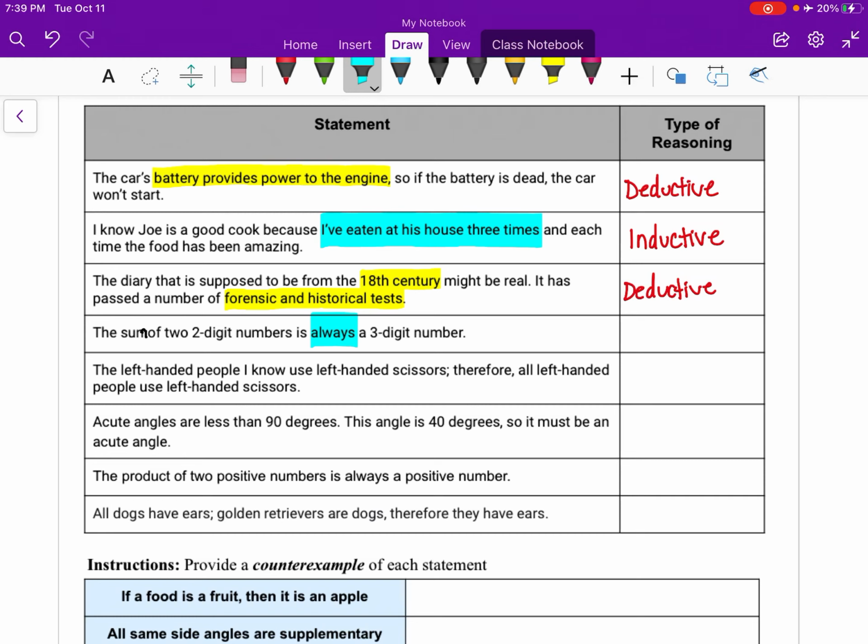In fact, we could probably think in our mind of some examples as to when this isn't necessarily true. And because of it, this represents inductive reasoning. Now, you guys can pause the video if you want to practice the next four on your own.